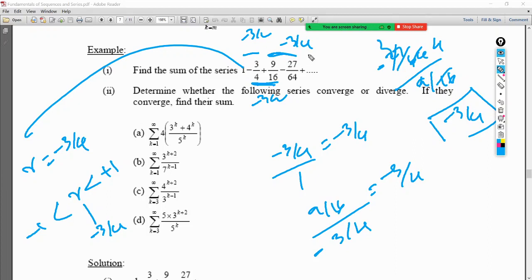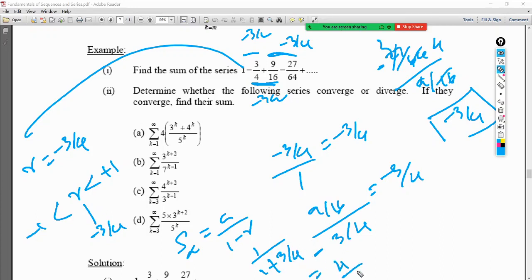If it is convergent, remember S infinity is A divided by 1 minus R. What is A? A is 1, divided by 1 minus R, where R is minus 3 by 4. Minus minus is plus, so 1 minus R gives 4 by 4 plus 3 by 4, which is 7 by 4.